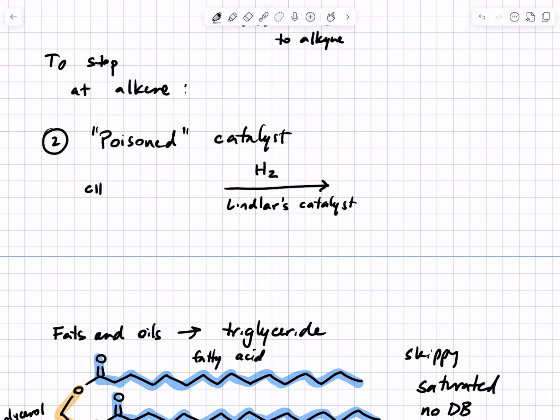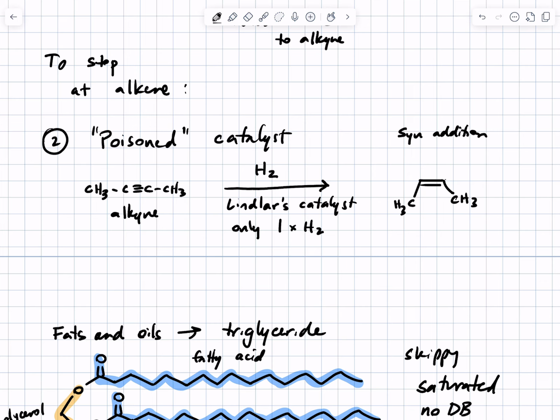It will take the alkyne and it will add only 1 equivalent of H2, and it's a syn addition because, again, it happens at a metal surface, but this allows you to stop at the cis alkene, always.